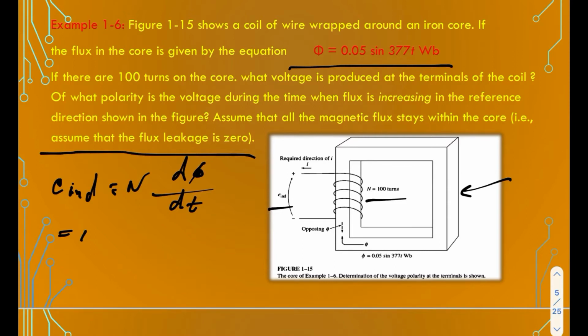We have 100 turns, multiplied by d over dt of the flux, which is given in the question: 0.05 sine 377t.